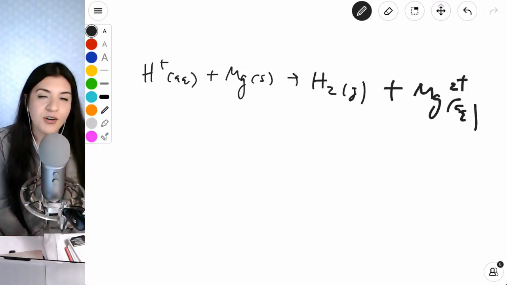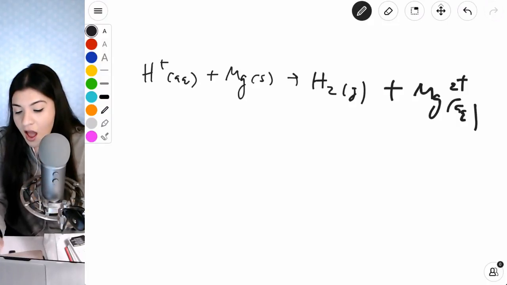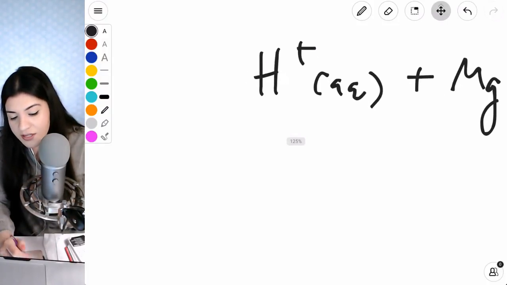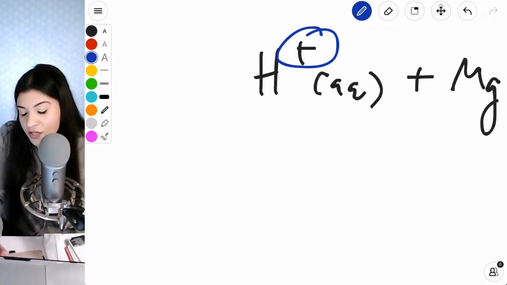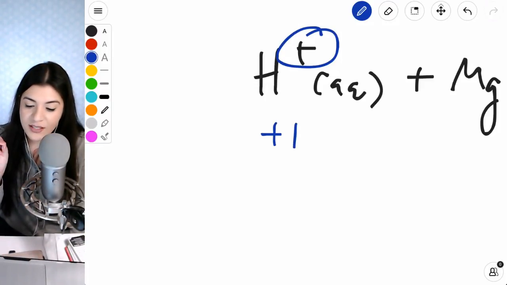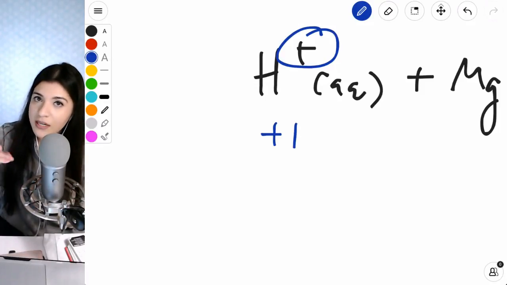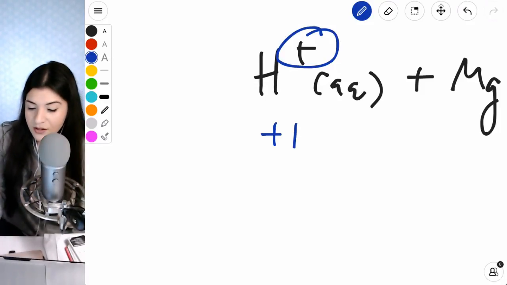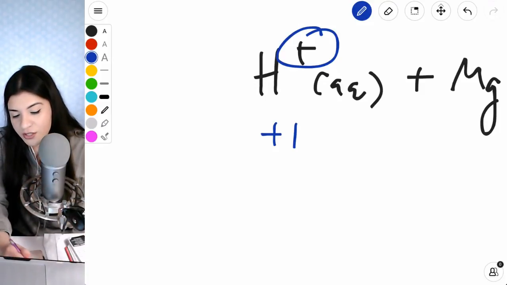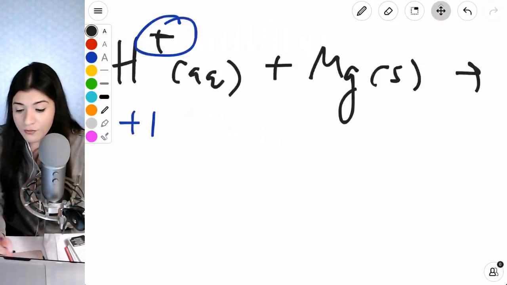That's always going to be the case with redox reactions, is figuring out our oxidation numbers. So let's start there, and I'll start off with H plus. Anytime we're given a charge, that is just your oxidation number. Once again, that's only going to be the case if it's just one element. If it was a compound and it gives you a charge, it would be different. So we would have to figure out each individual element's oxidation number. But in this case, it's just +1.